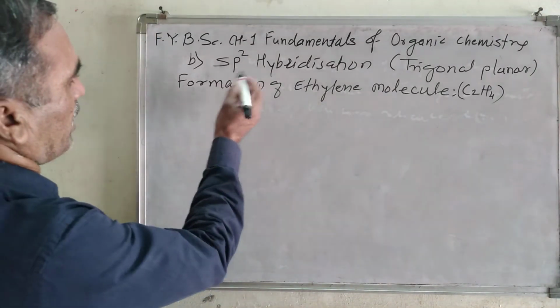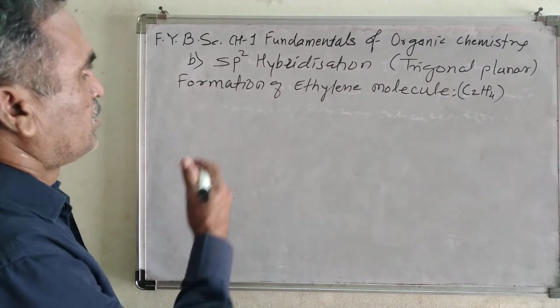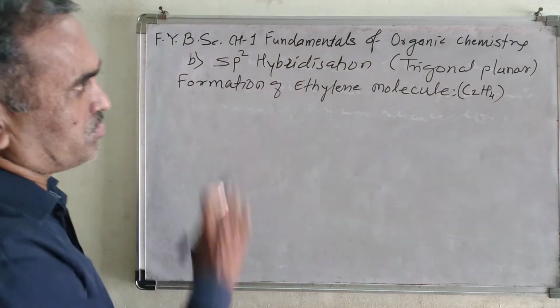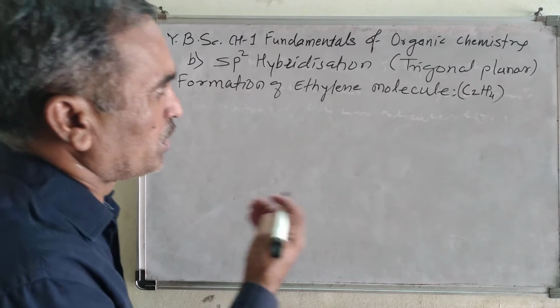Now if you look here, s and p to sp2 hybridization has trigonal planar geometry.